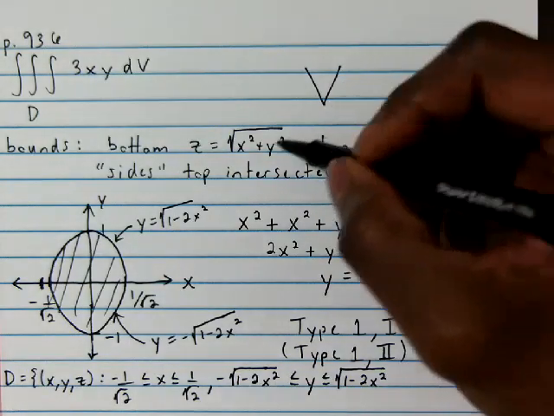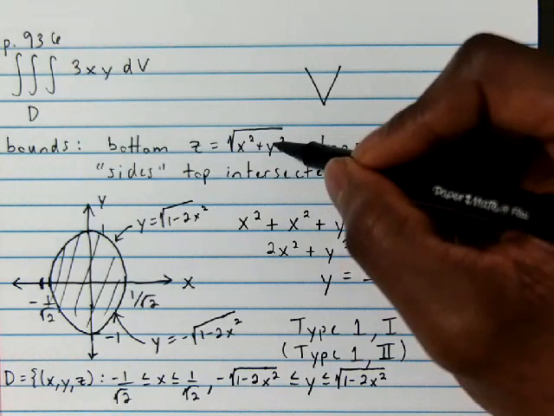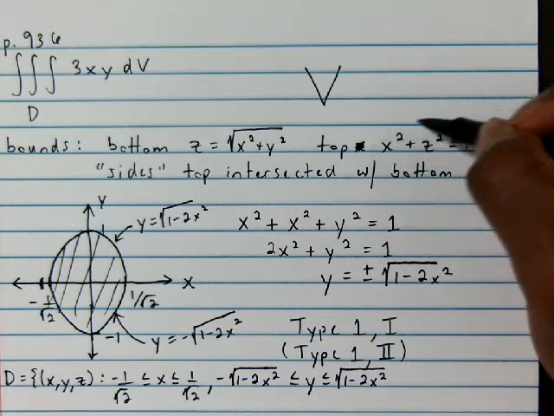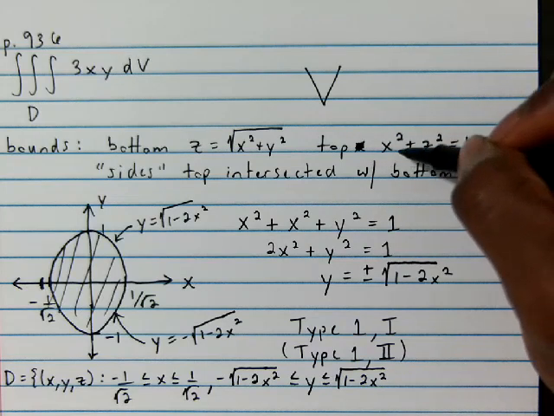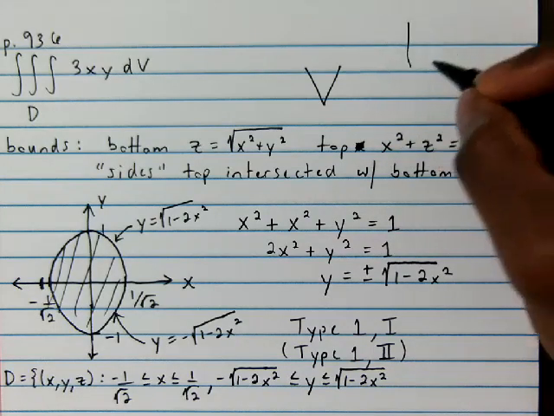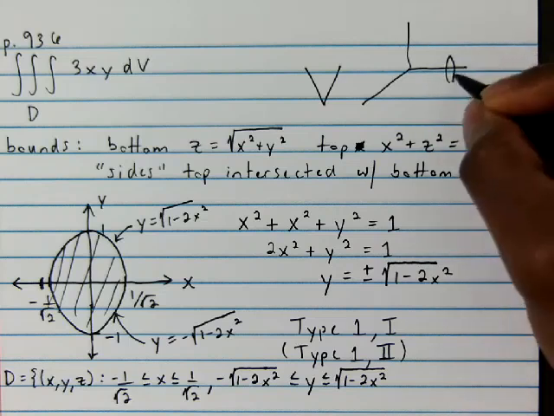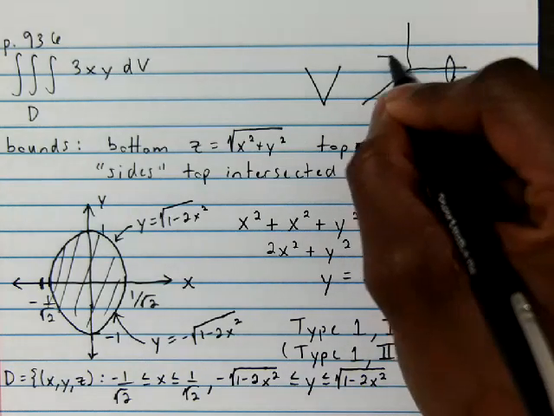And this cone is always greater than or equal to 0, whereas this cylinder that we have right here does go below the xy plane. So remember, that cylinder runs along the y-axis. It's going to be something like this.